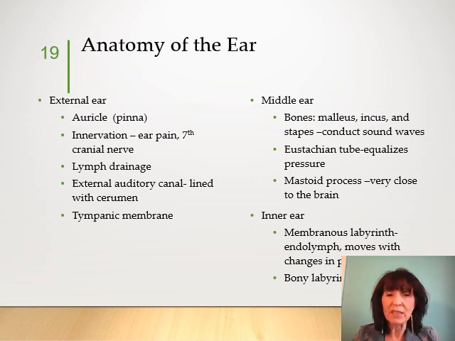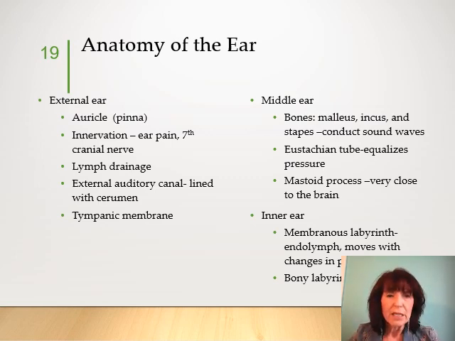And the stapes, which is the stirrup. The function of these bones is to conduct the sound waves transmitted by the tympanic membrane. It's like a whole orchestra in your ear, right? You've got the drum, you've got the hammer and the anvil, and it's making sound waves for you to hear.